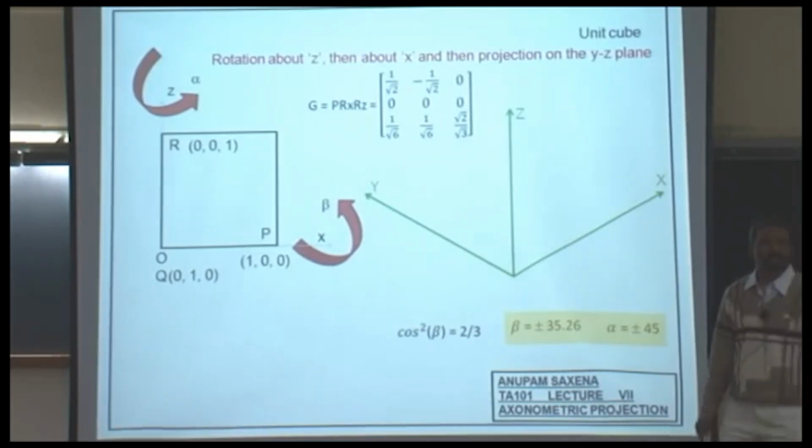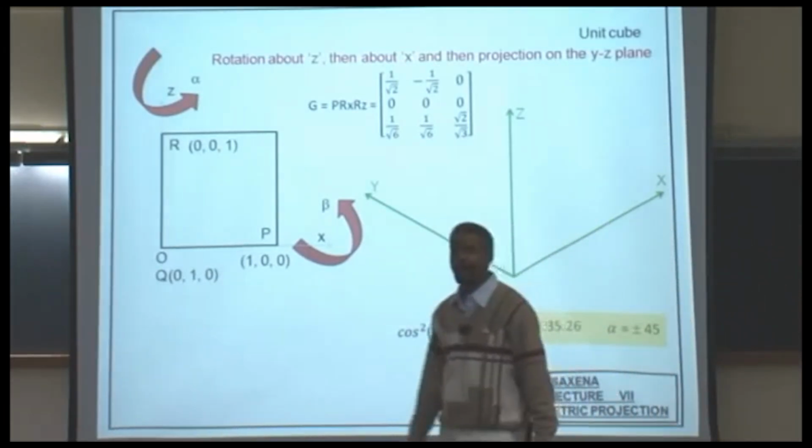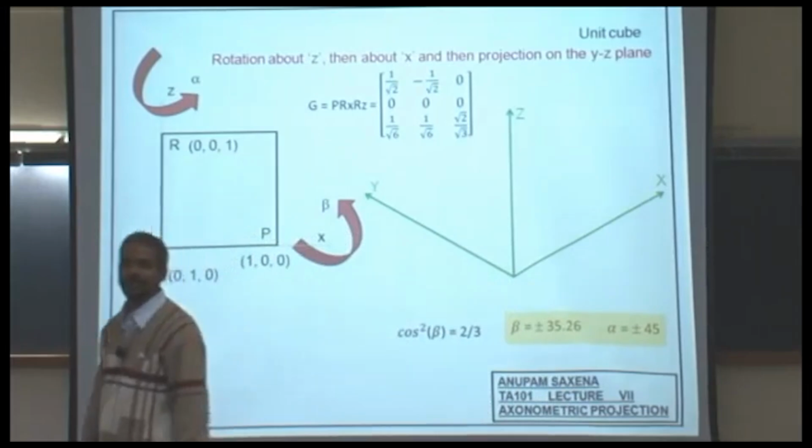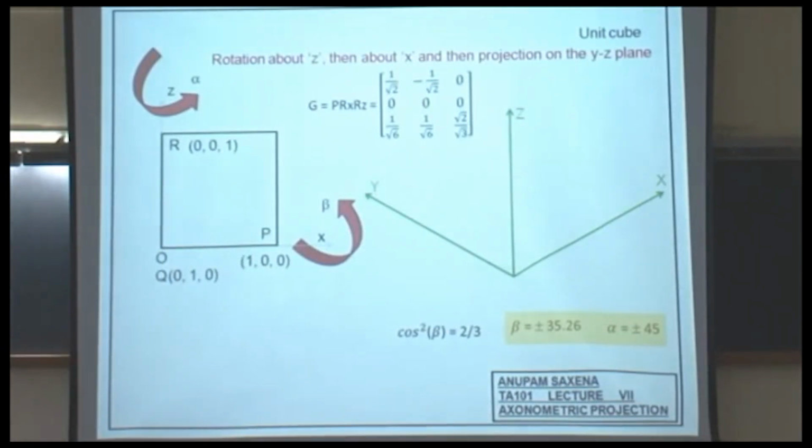So what is the cosine of the angle? 30 degrees? Okay, that's how you get it. And likewise, if you consider Q, you will get 30 degrees on the other side.